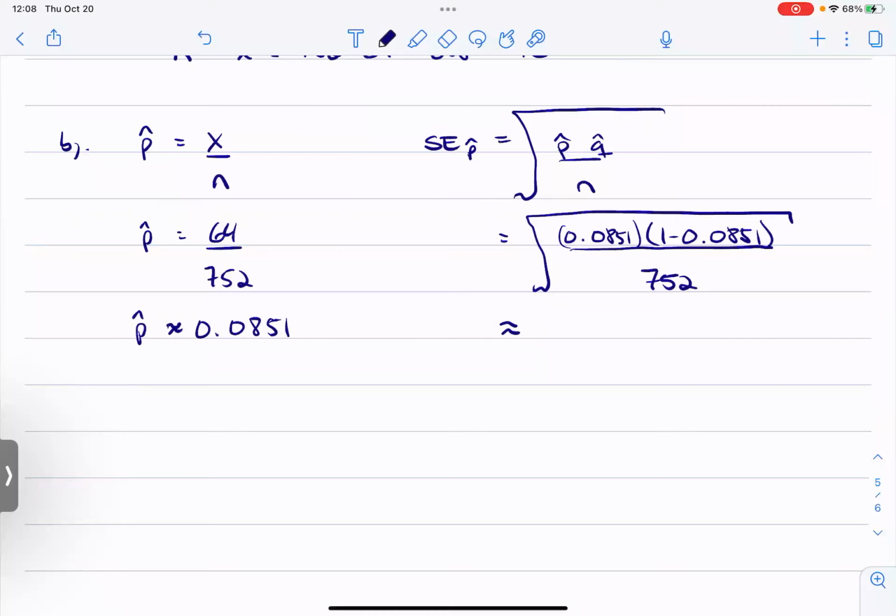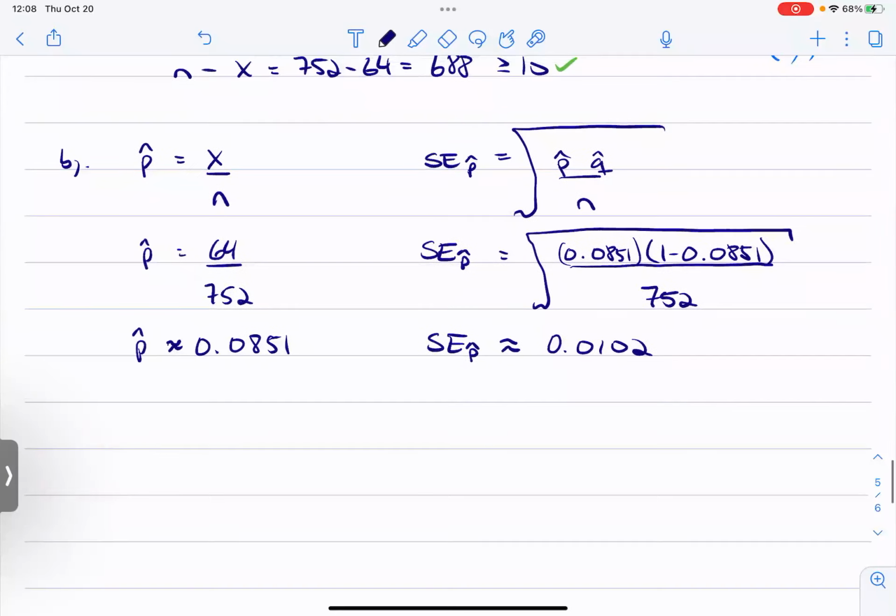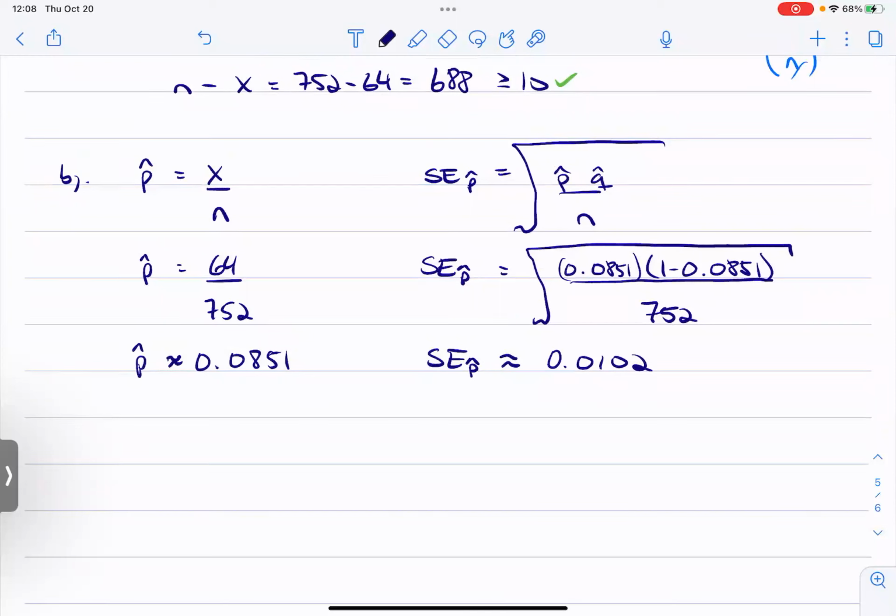That gets me to approximately 0.0102. And this is the standard error of p hat. Okay. Got these components now. That's great.